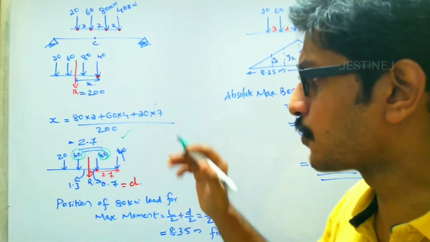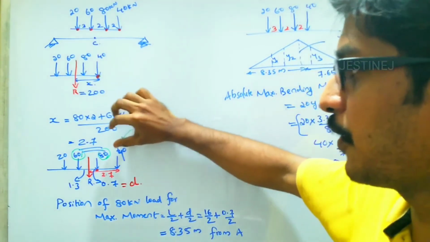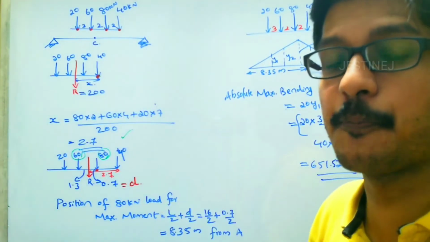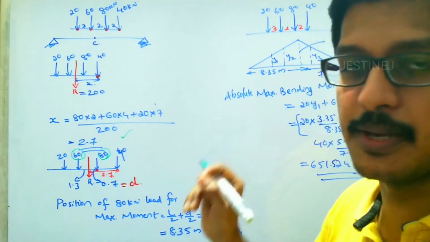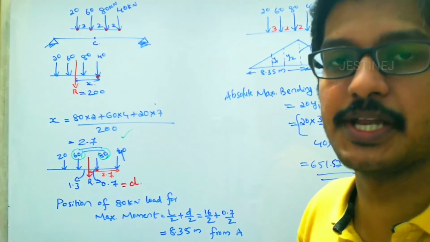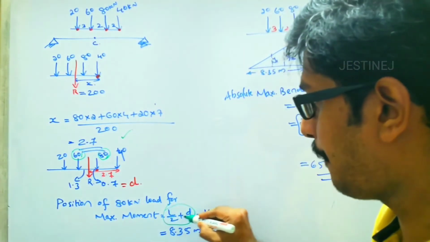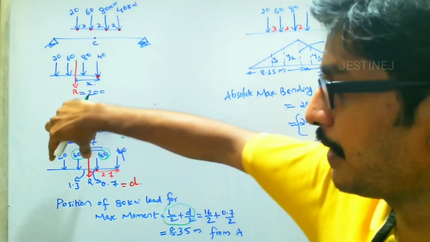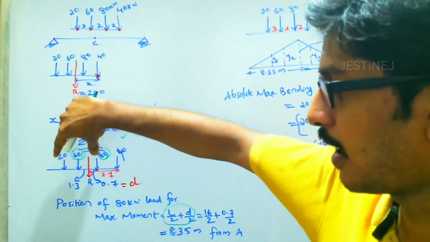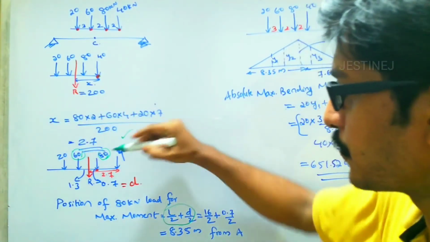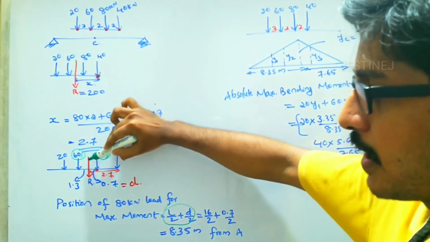Our next intention is to find the distance of the 80 kilonewton from the support. In this 16 meter beam, where do we place the 80 kilonewton? To find out, we use the formula L by 2 plus D by 2. L by 2 means the span, 16 by 2, at the mid span, plus D by 2, where D is the distance between the 80 kilonewton and the resultant.